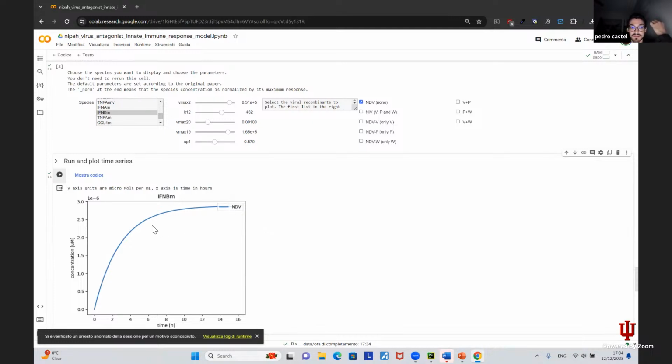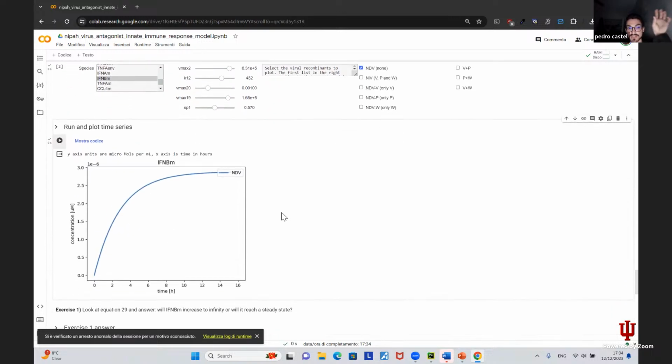Because in the end it doesn't care, because the way the parameters are set, the basal rate of production of interferon beta mRNA and the decay are way, way more important than IRF7.